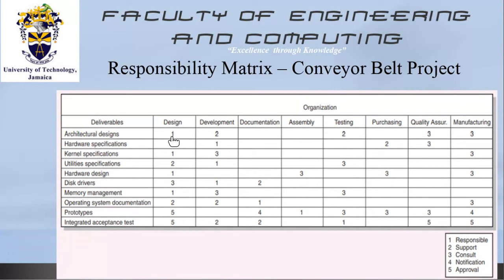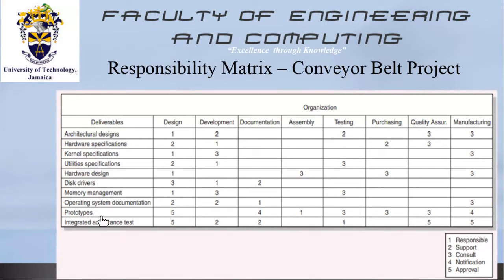And so in this case, the design team is responsible for the architectural design. They, however, will get support from the development team. They will get support from testing, and they will consult with quality assurance and manufacturing.